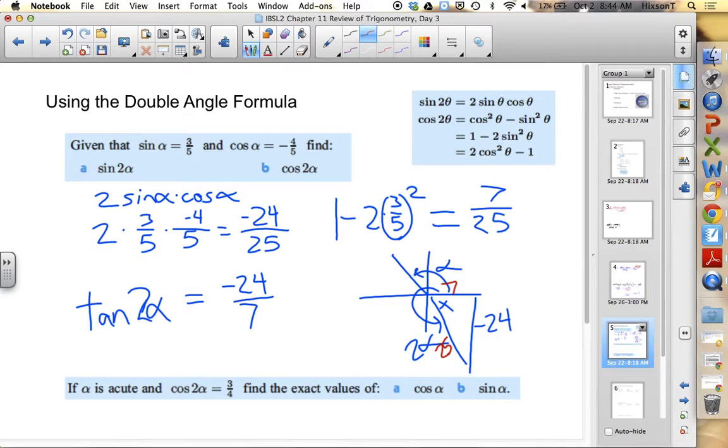Okay? So that's just kind of an extension beyond what this problem was doing, but this is the kind of stuff that, especially some of the more intermediate to advanced questions in our IB exam would ask.